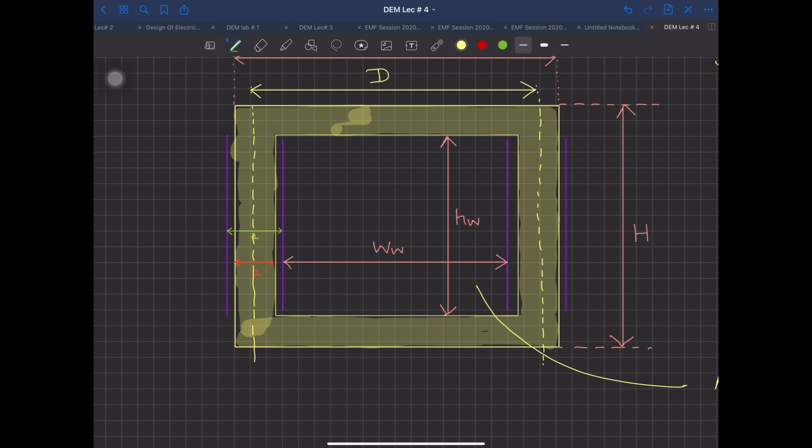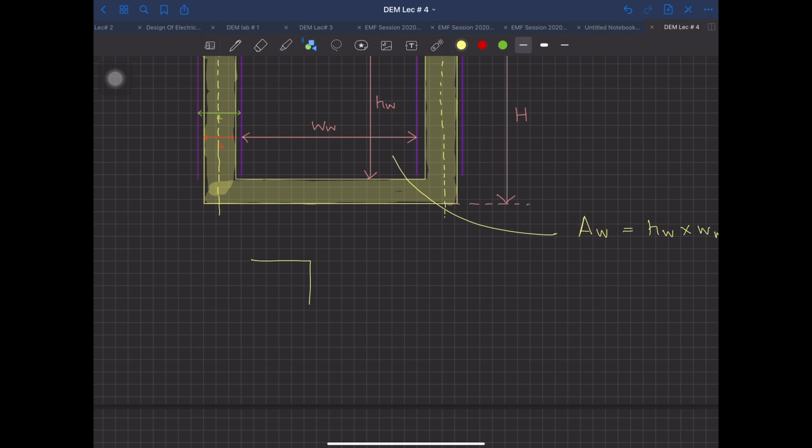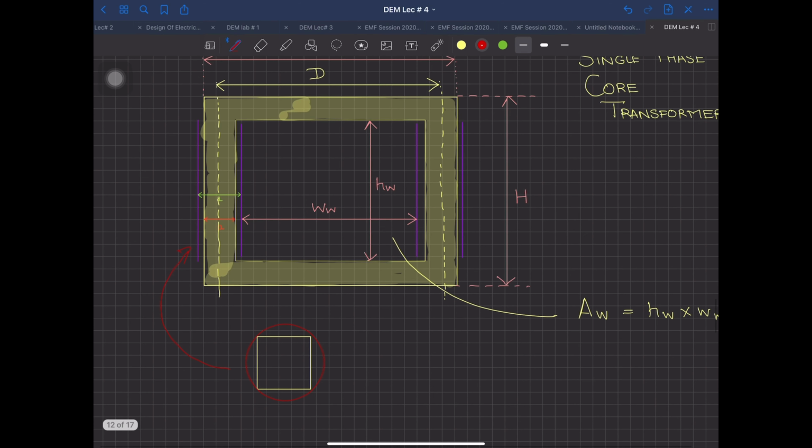Because the core which you are seeing in front is from the front, and if you see the cross sectional area of this one, it's going to be supposedly the square, and then the circle which you are going to see is going to be like this. So whether your core is square, 2 step or 3 step, you're always going to have a circular asbestos or some other material sheet on it. So when this is placed over here, the window area is going to be a little decreased.